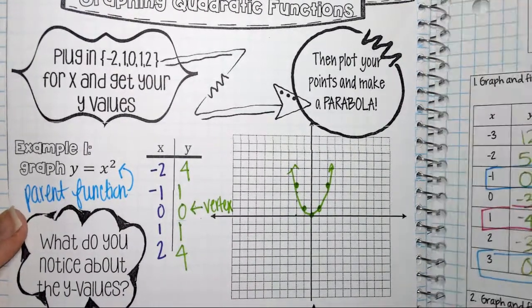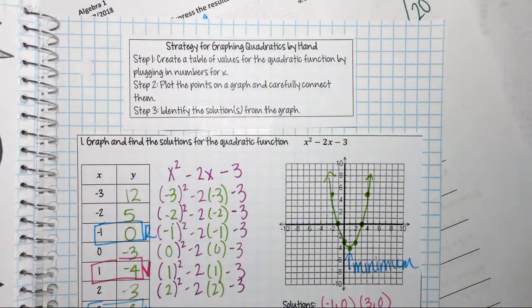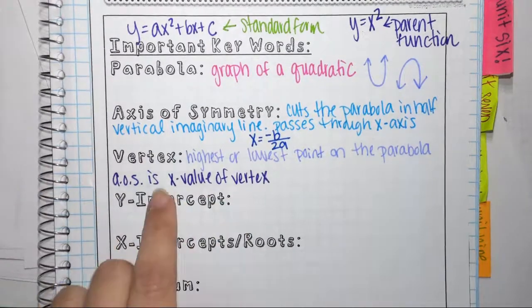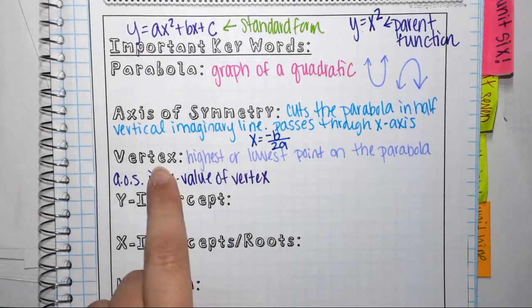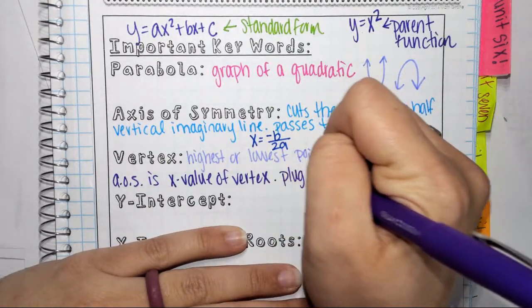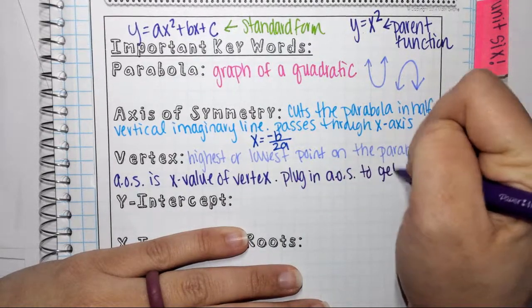We plug it into the parent function. Here, if we knew what our x was, how did we get our y's? Plugged it into the equation right here. So when you're looking for your vertex, you plug in your axis of symmetry to get your y value. So plug in AOS to get y.